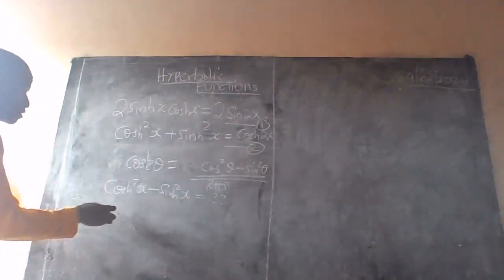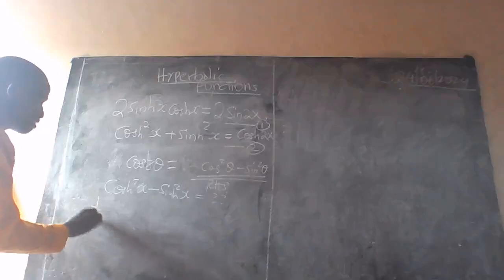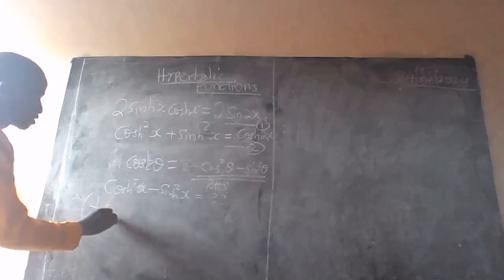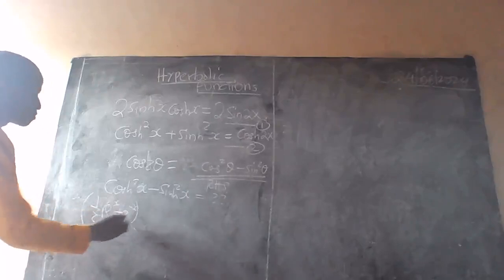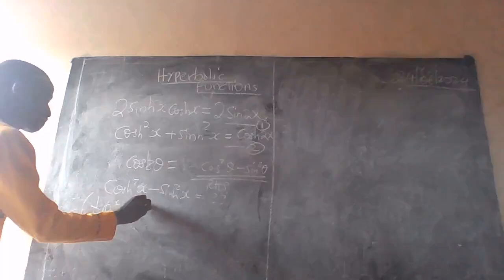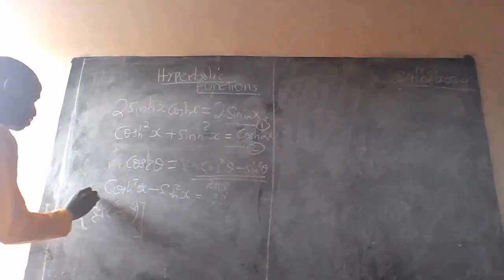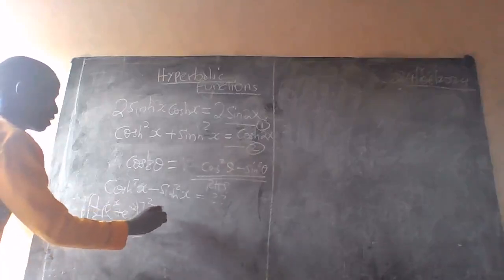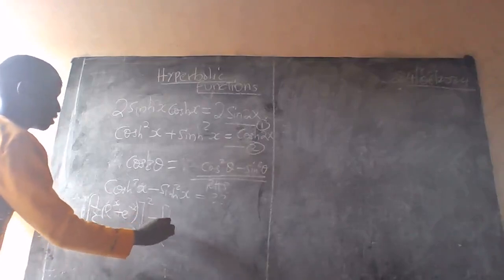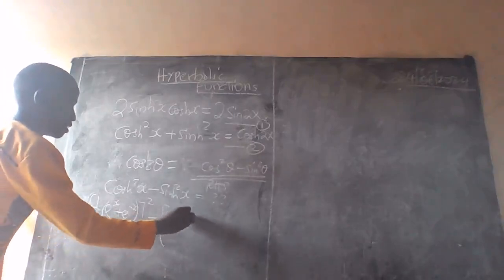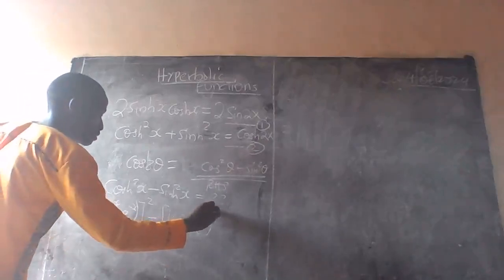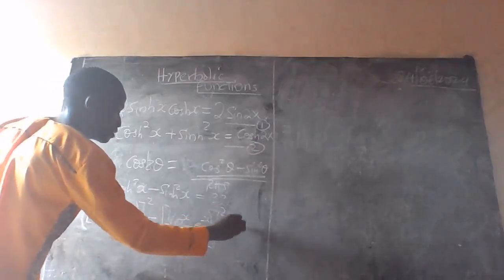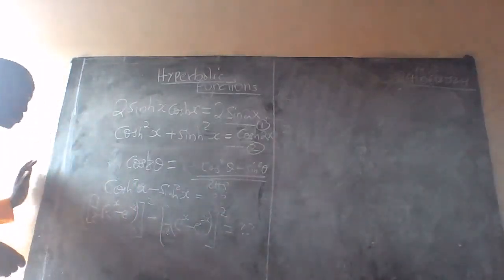Again, we will put our half of e^x plus e^negative x, minus a half of e^x minus e^negative x. We do not know what that's going to give us.